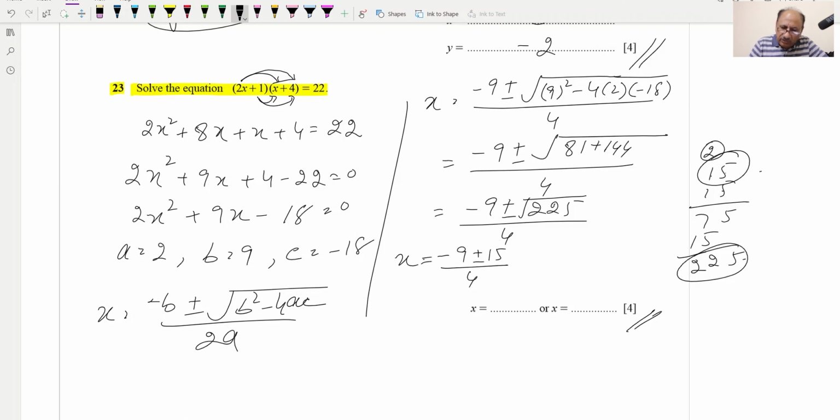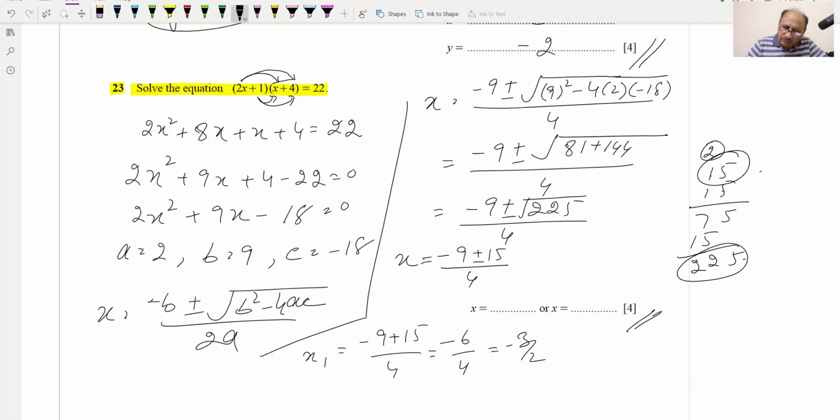This will be the x value. So x1 we can write over here, x1 will be equal to minus 9 plus 15 over 4, and this will be equal to 6 over 4. So 6 over 4 means 3 by 2.